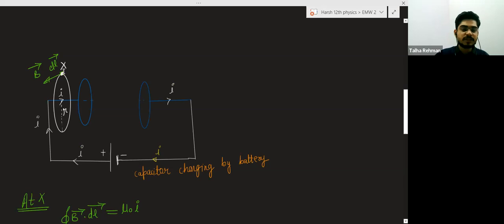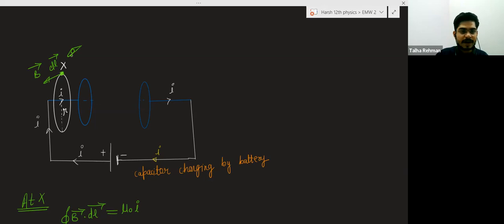Now for confirmation, you have placed a magnetic needle. A magnetic needle is a device used to detect the magnetic field. So for detecting the magnetic field at this point, you have placed a magnetic needle, and if there is a magnetic field at point X, the magnetic needle will be deflected.